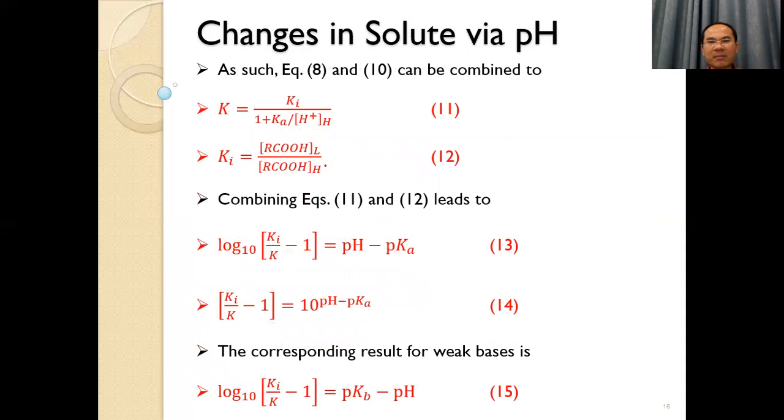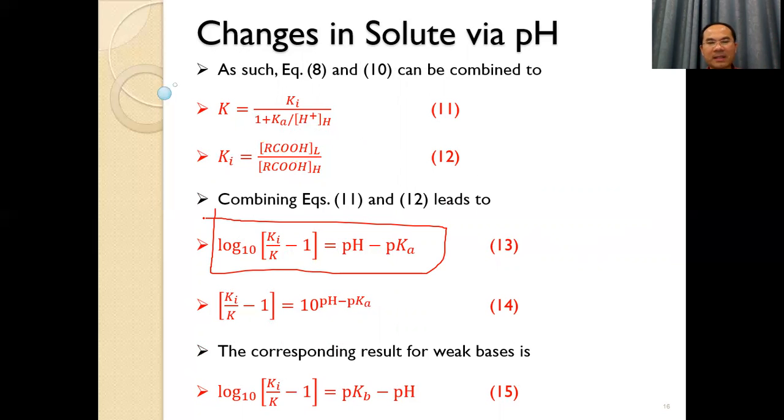Okay, and then we combine these two equations and we can relate K as Ki divided by some term. Ki is the ratio of acid in light phase and heavy phase. Combining these two equations, we get this expression, where K is a function of pHS and pKa.